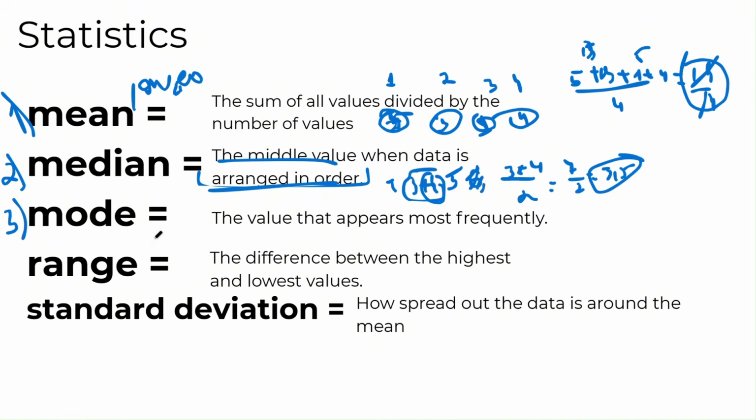Now, the third thing we have to know here is mode. The mode is the value that appears most frequently. You can refer to this as a trend. The more people do a certain activity, the more it becomes a trend. The same principle here. For example, let's say we have 3, 4, 7, 7, 8, 9, 11, okay, let's say 12.